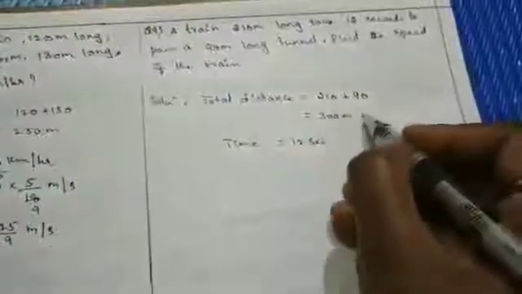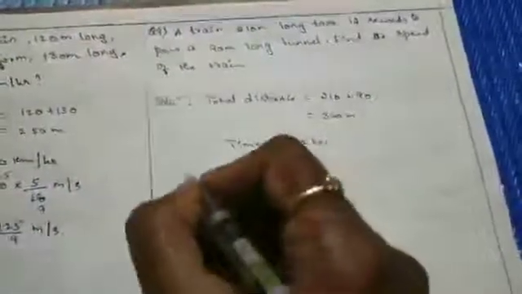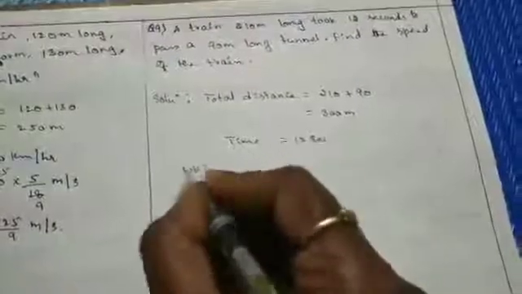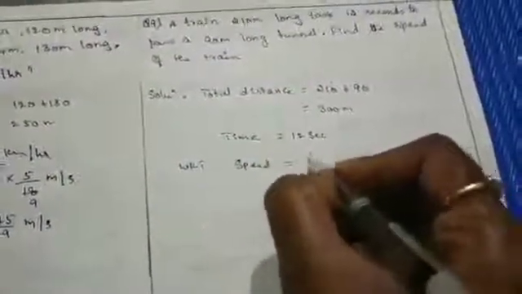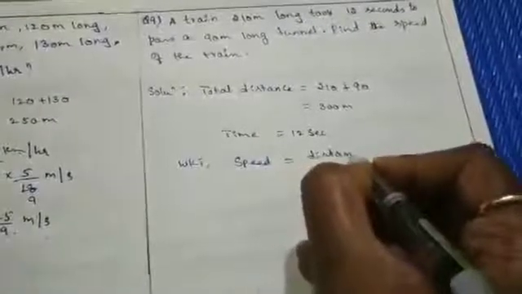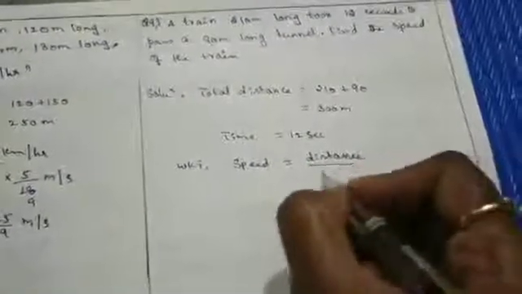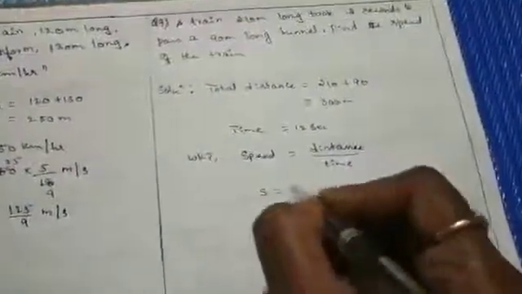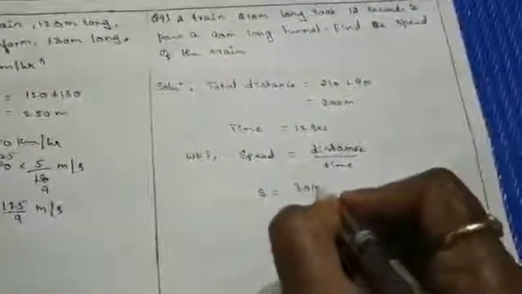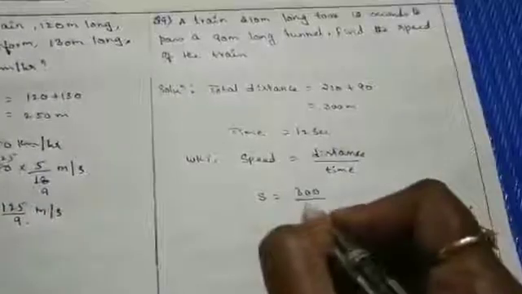So total distance, time. We know that speed is equal to distance by time. This formula you have learnt in science last year, children, in 7th standard. Then speed is equal to distance, in the sense you should take total distance 300 by time taken is 12.